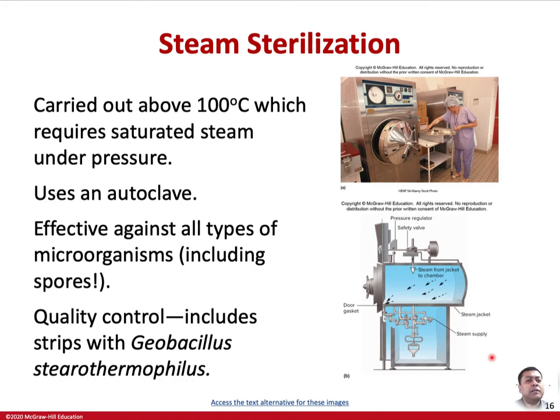In between these steaming treatments of 30 to 60 minutes, the material is incubated for about 24 hours. The purpose is that after the first steam treatment, most or all of the vegetative cells are dead. There may be some remaining endospores. You give them 24 hours to germinate into vegetative cells.